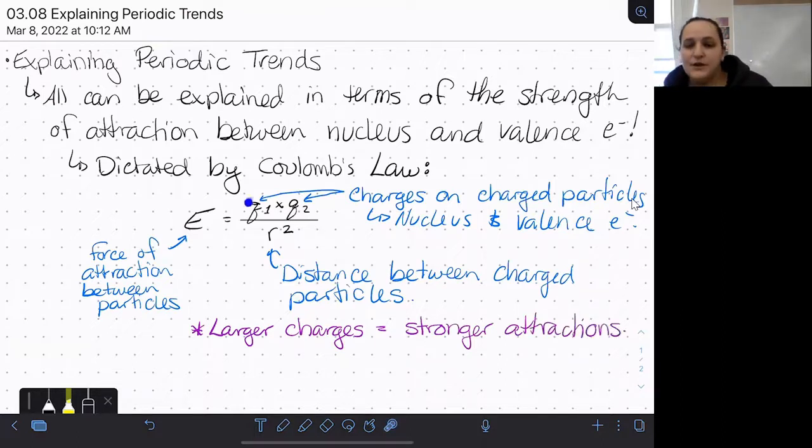Since the charges are in the numerator of this expression, as the magnitude of the charge gets larger, this value is going to get larger as well.